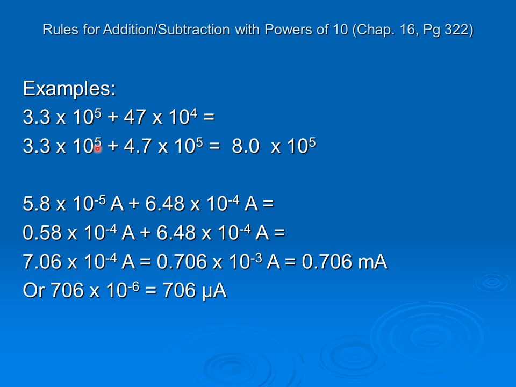So we made both of these 10 to the power 5 and adjusted the decimal point. Now you can add the fractions, meaning you are adding 3.3 and 4.7, right? If you add those two, that becomes 8. So you basically will be adding only the fraction because the power will remain the same.